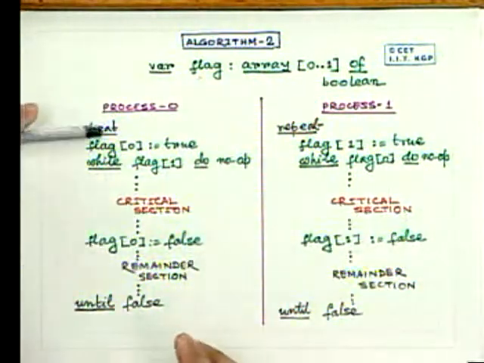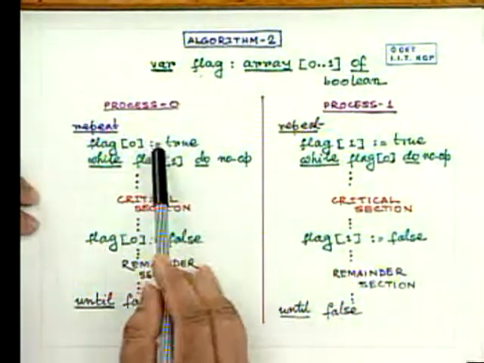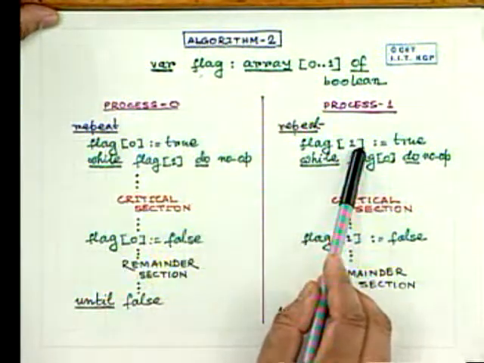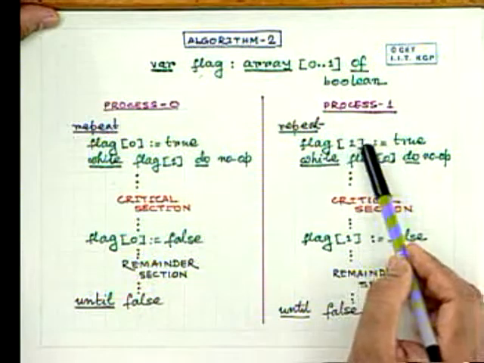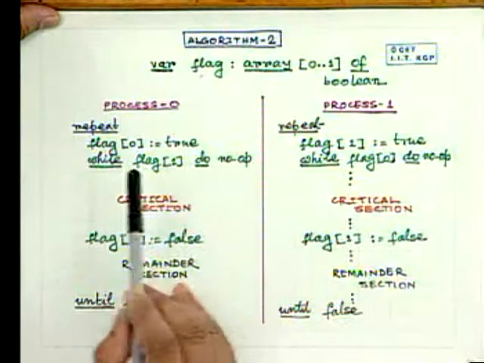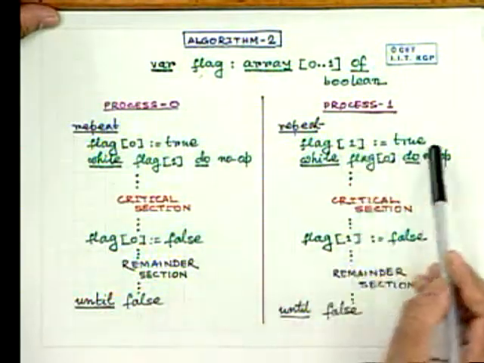Say flag 0 has been made true, and the execution switched from process 0 to process 1 in a single processor system, or in a multiprocessor system, flag 1 is made true immediately afterwards. Then you see that both flag 0 and flag 1 are true.